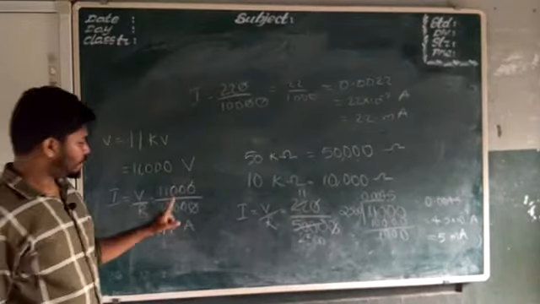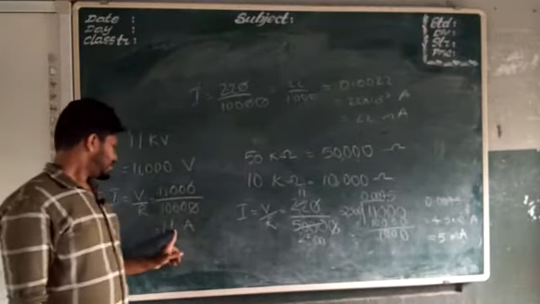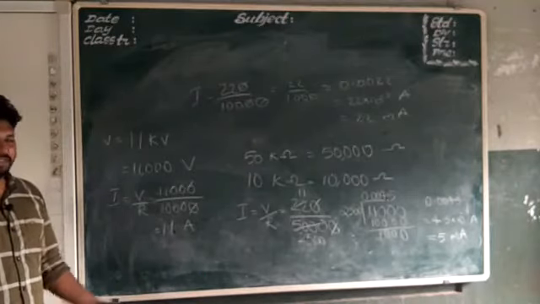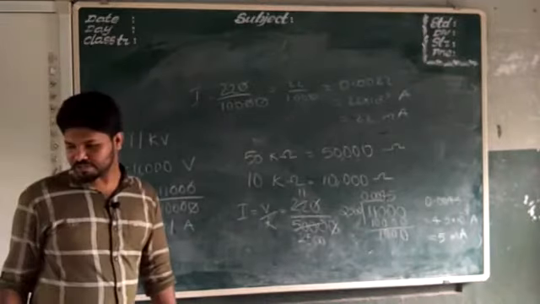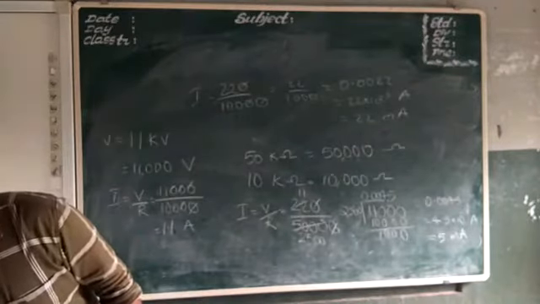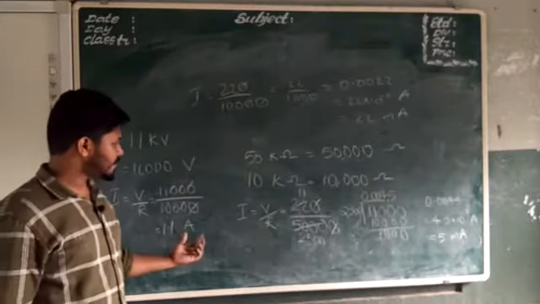See, 1.1 ampere of current will pass through our body at that time, and this is enough to cause severe injuries. And this is in the case of a dry body.